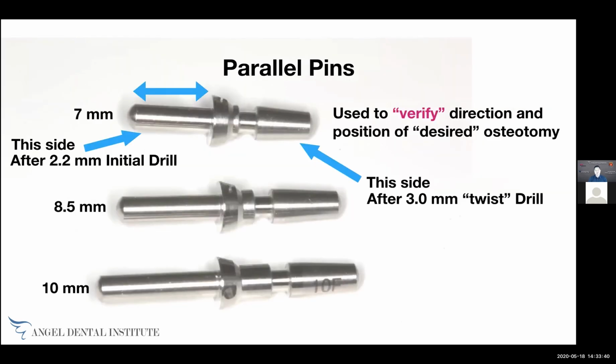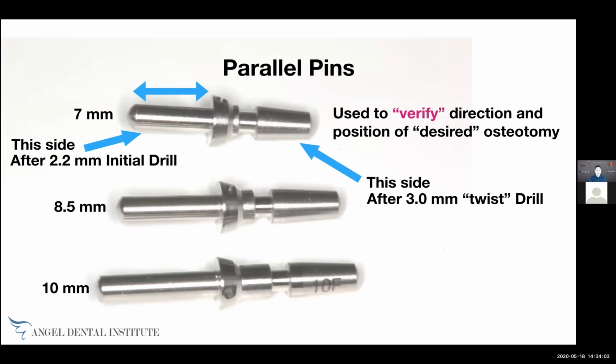And then the parallel pins. There's a lot of information here. I'm sorry that it might be confusing, but there are 3 different sizes of parallel pin that come in the kit. One is 7 millimeter, the other one is 8.5, and then 10 millimeter. That is the length. So you see on the 7, double arrow, that's a 7 millimeter.